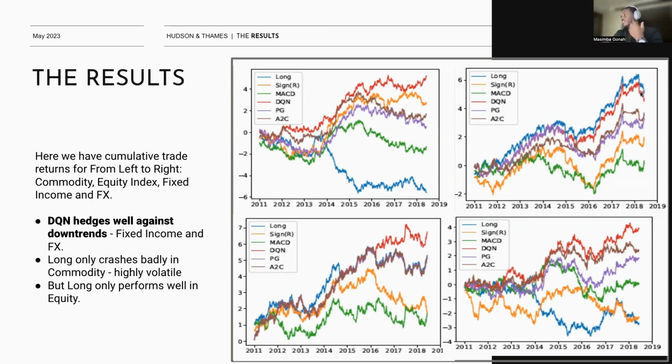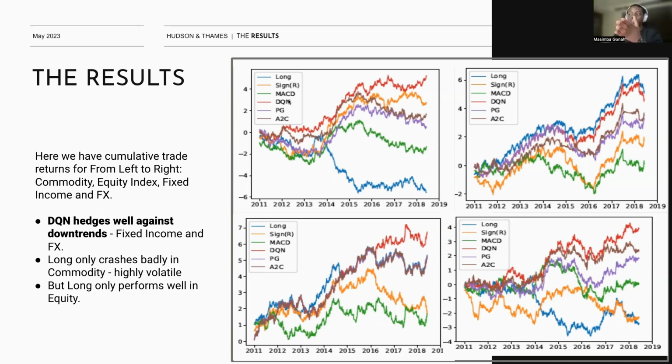But interestingly enough, if you look at DQN, which is the red here, it actually picks up that trend and goes on an upward trend as much as the long only strategy is doing so. But then if you look at, for instance, the commodity market, which is highly volatile, a long only strategy performs abysmally because, of course, these are highly volatile markets and you need a model that will be able to adapt between going long or going short at very precise moments.